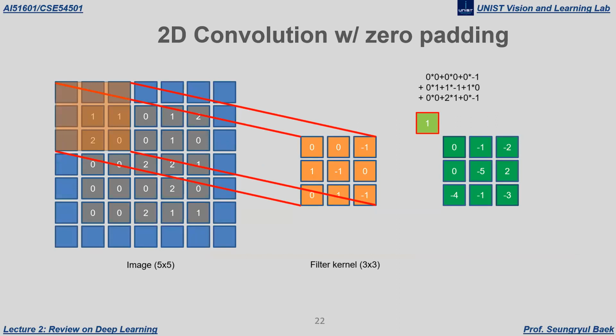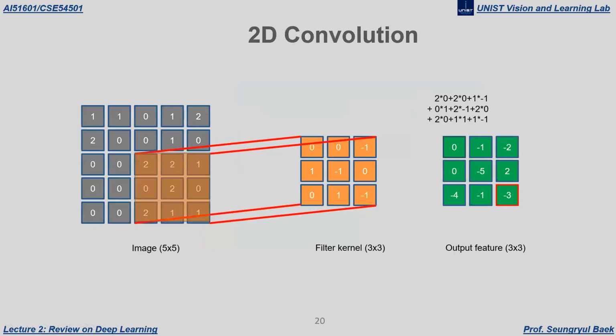And this is another important slide, showing some hyperparameters in the 2D convolution operation. There is a hyperparameter called zero padding in 2D convolution. As you see in the previous slide, if you naively apply this convolution operation, when your input size is 5 by 5, your output size becomes 3 by 3, right?